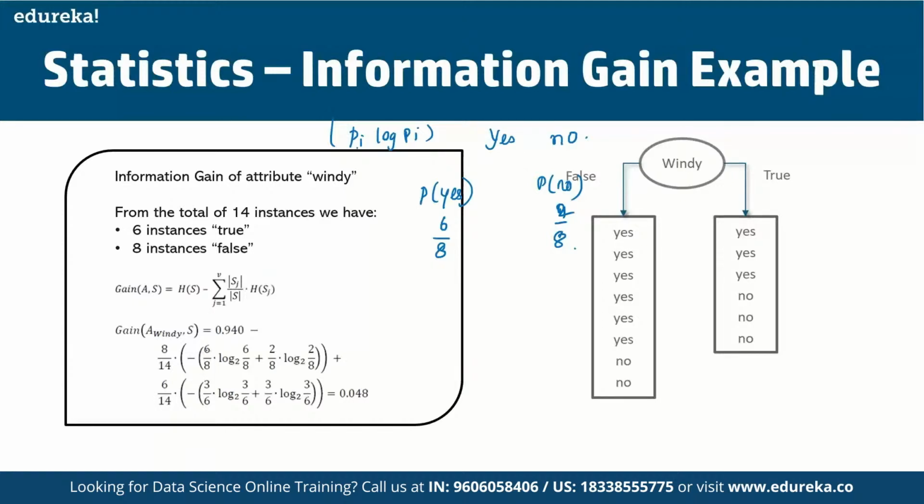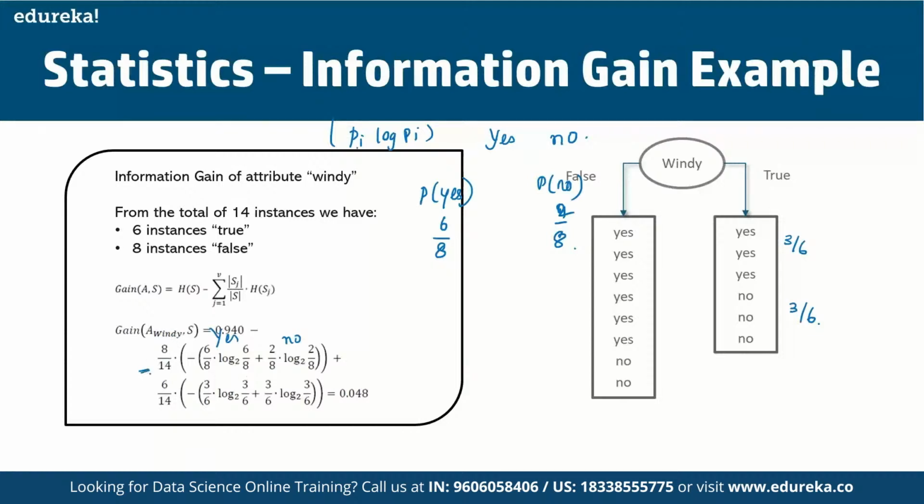So here you see 6 by 8 log 6 by 8 plus 2 by 8 log 2 by 8. This is your yes class and this is your no class. And what is this set of value? This is for these values here. Here you have 3 by 6 for yes, and no is also 3 by 6. So we've applied it here.